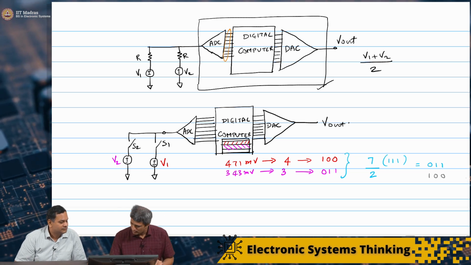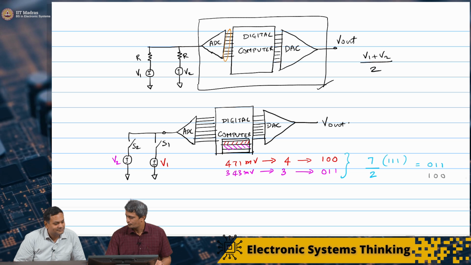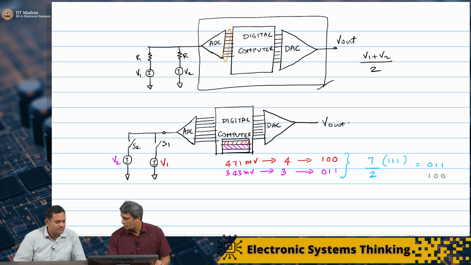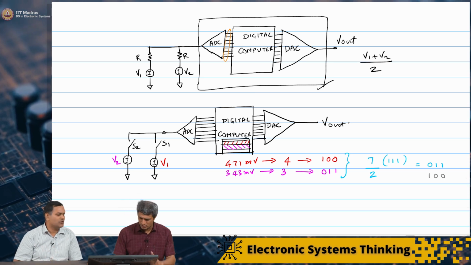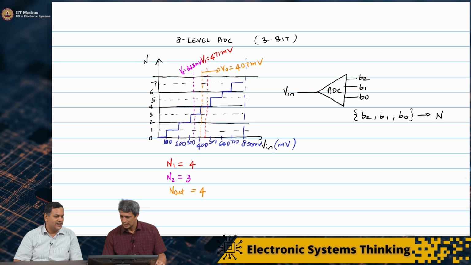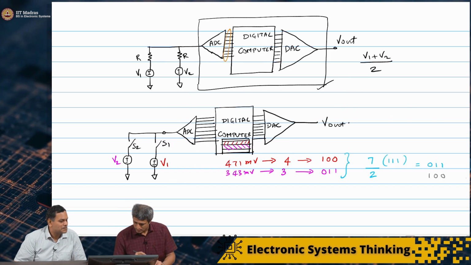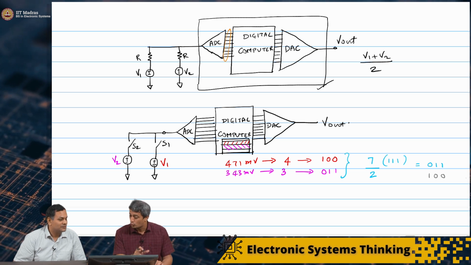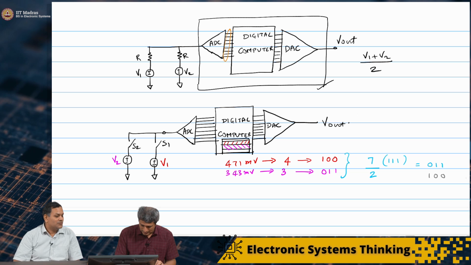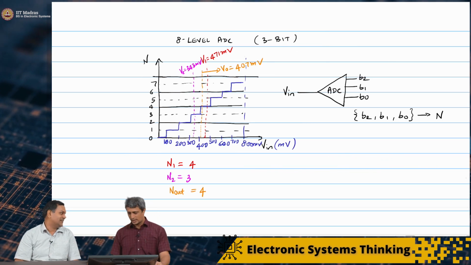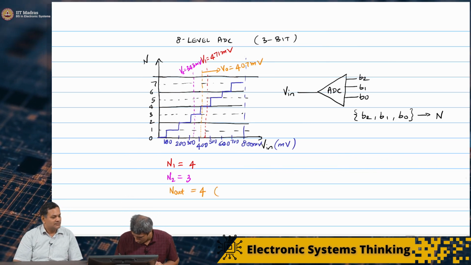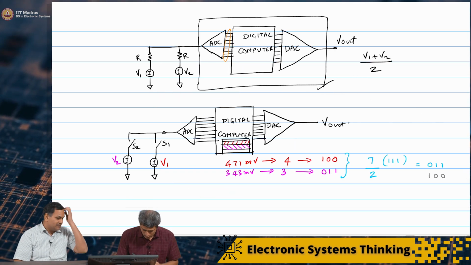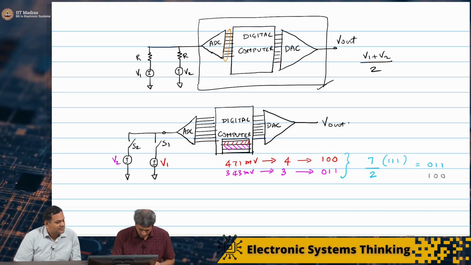So the answer computed digitally, through the digital addition, was going to be 011 or 100, depending on how you choose to deal with that number. On the other hand, what we got from the analog computed value going through the ADC was 4, which is 100.